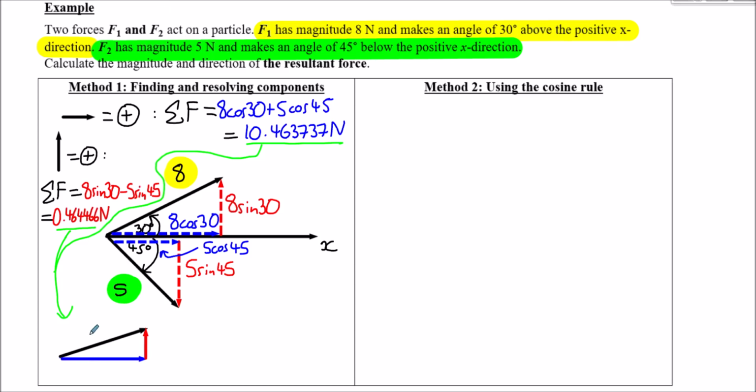So I'm going to call this resultant force, rather unimaginatively, R. And we've got it as 10.463737 going along in the positive x direction, and we calculated it was 0.464466 newtons going upwards.